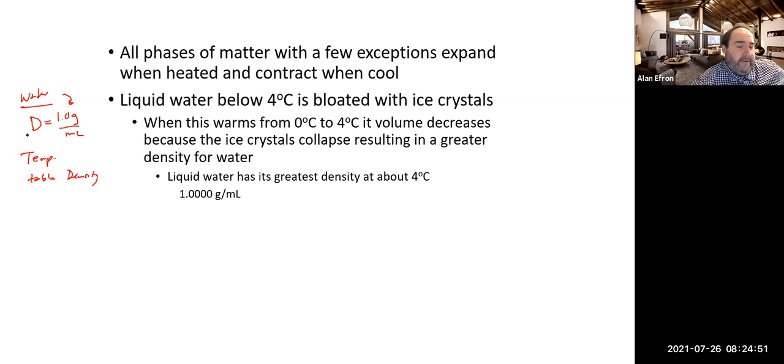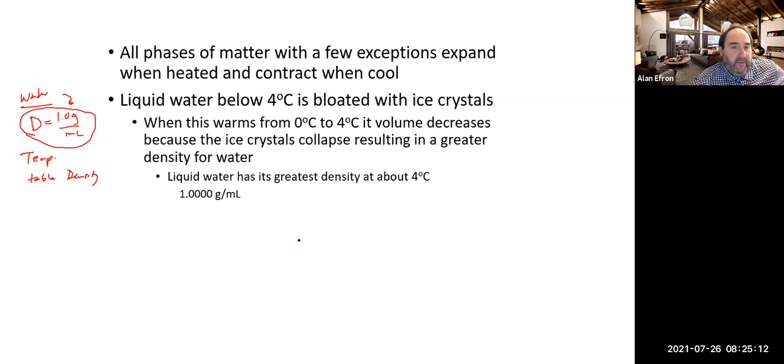But outside of a more specific question, if you just need the density of water, usually 1 gram per mil is good. If it's some specific temperature you're looking at, sort of non-room temperature, you should really take a look and see what the density is at that point.